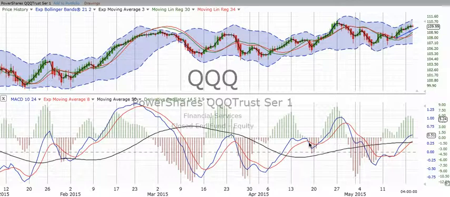And again, looking at the crossovers, until we get toward the end of April, our 4-hour chart is a great chart for watching clean up and down movements.